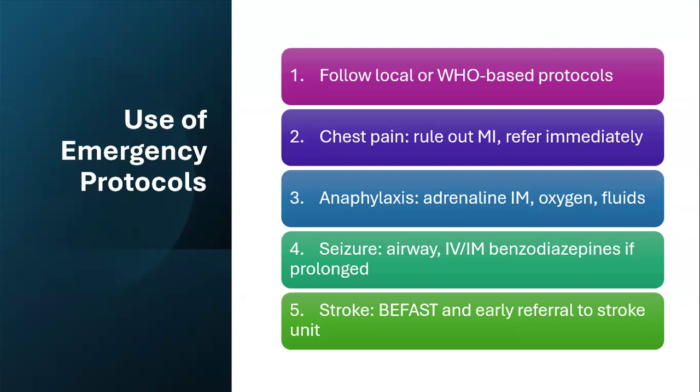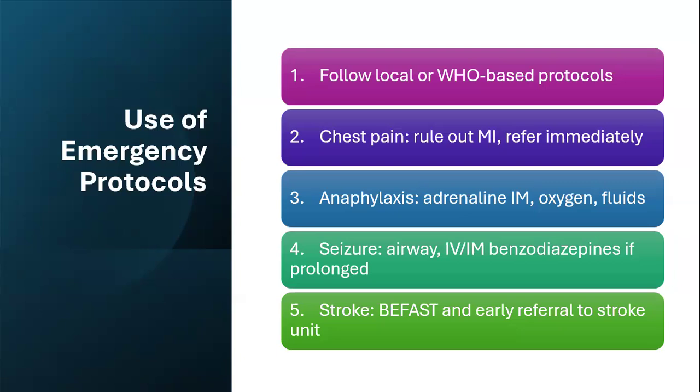Now, for example, in chest pain, you have to rule out MI. And if you have the facility to do an ECG, do it. And if you think that clinically this patient is having acute coronary syndrome, you have to refer immediately after doing certain things like giving certain medications like aspirin and all that.